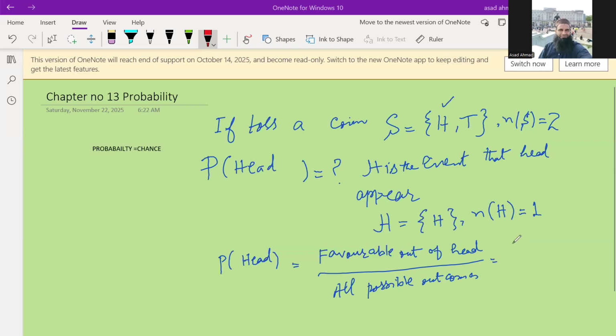So the favorable outcome is one and all possible are two. So the probability of getting head in one toss of a coin is 1 by 2.